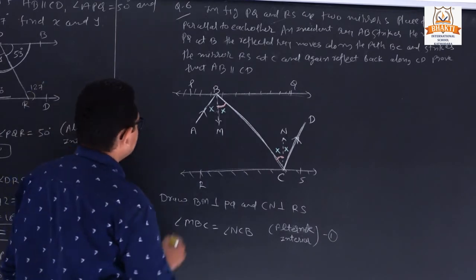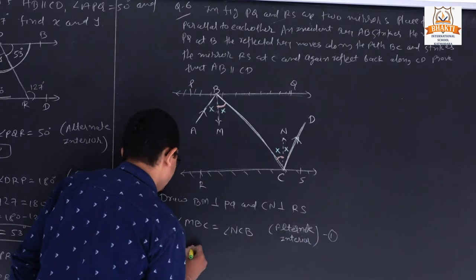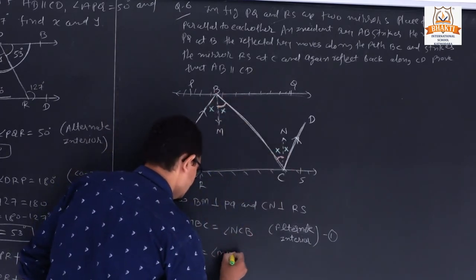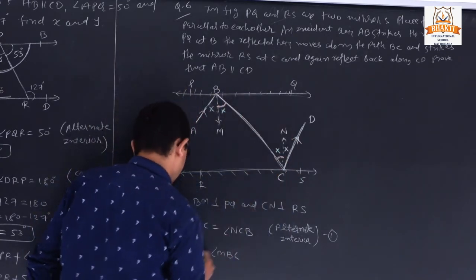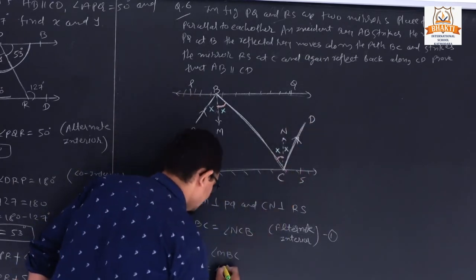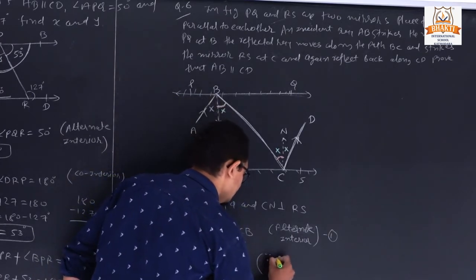So we can write angle ABM is equal to MBC, and similarly BCN is equal to NCD, and here which reason can we write?